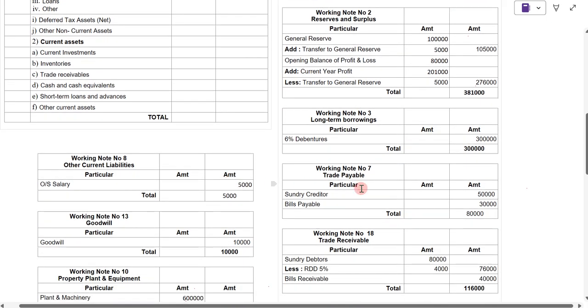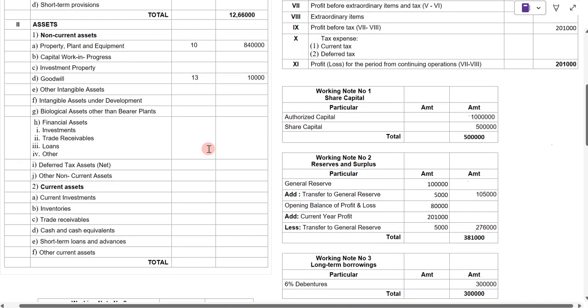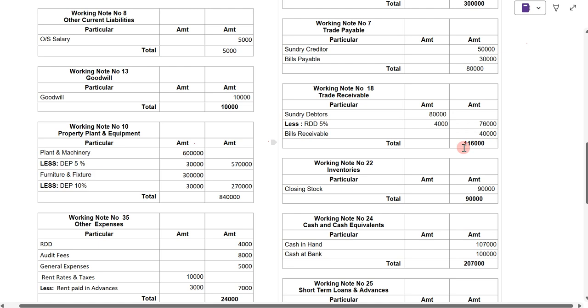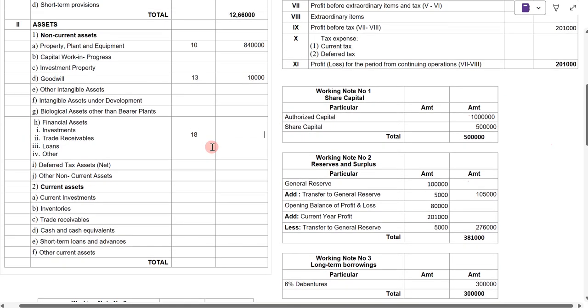Next, note number 18, trade receivable. The total of note number 18 is 1,16,000.